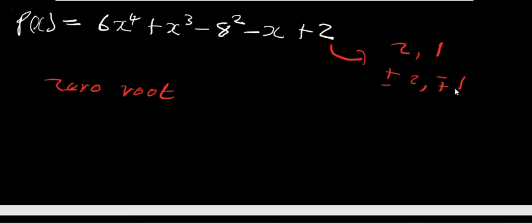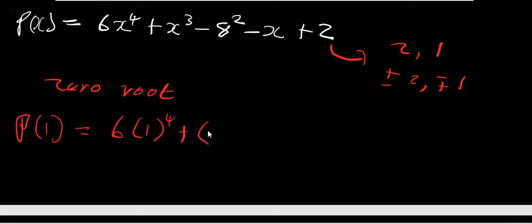If I test 1, let's say I get p of 1, it's 6 times 1 to the power 4 plus 1 cubed minus 8x squared, sorry, that was supposed to be 8 times x squared, minus 1 plus 2.